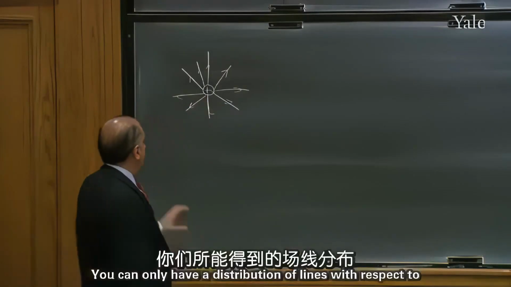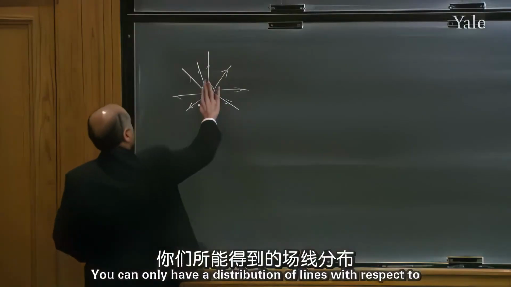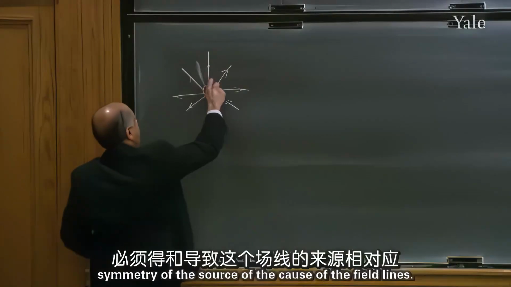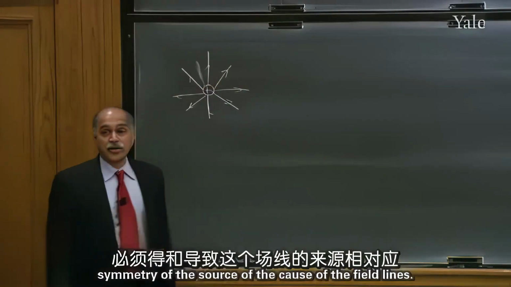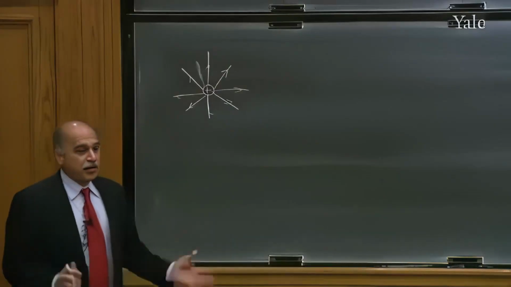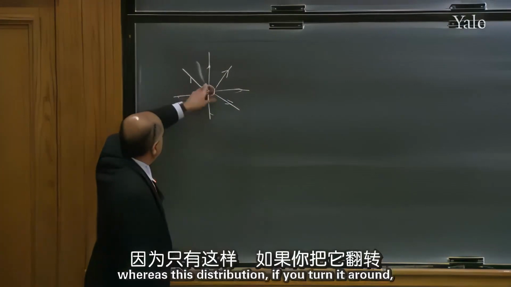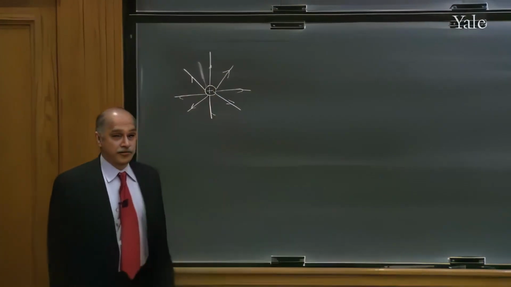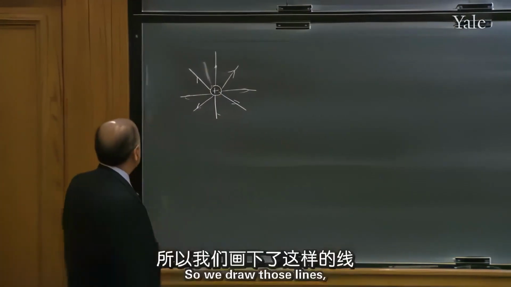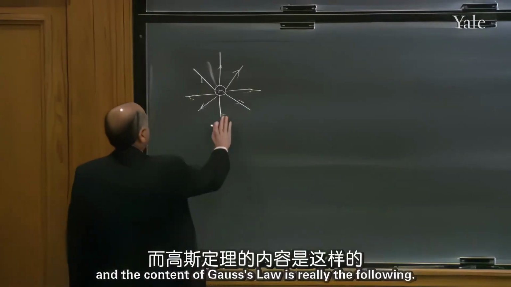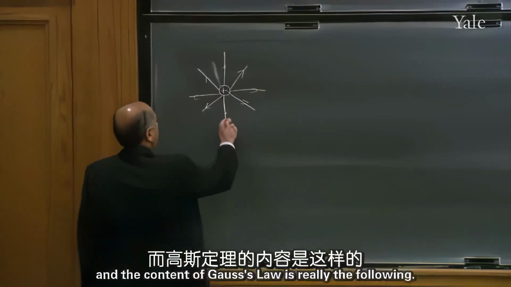So you can only have a distribution of lines which respects the symmetry of the source or the cause of the field lines. You understand that? It cannot be biased one way or the other, whereas this distribution, if you turn it around, looks exactly the same. So we draw those lines, and the content of Gauss's law is really the following.